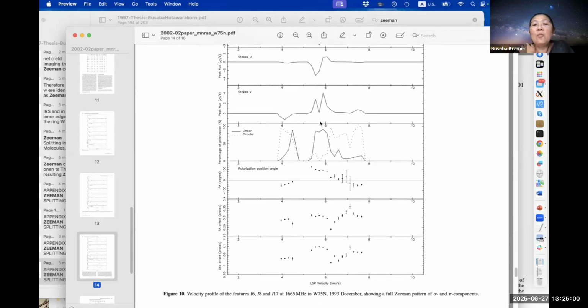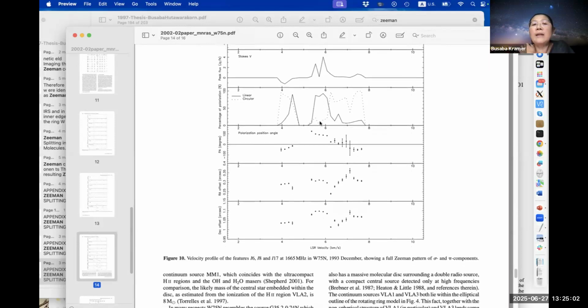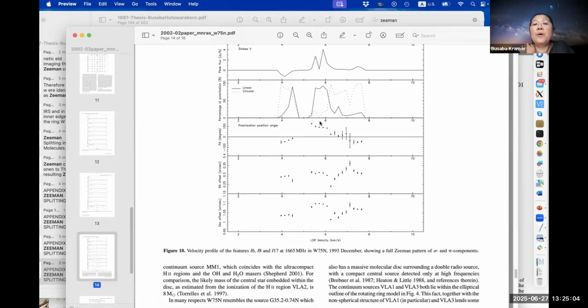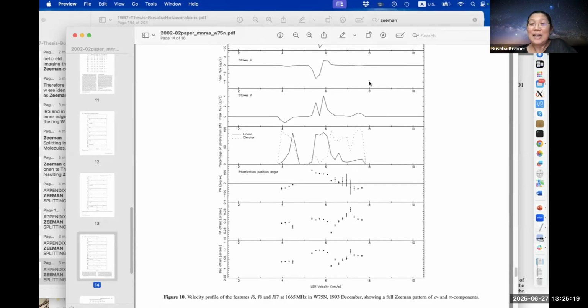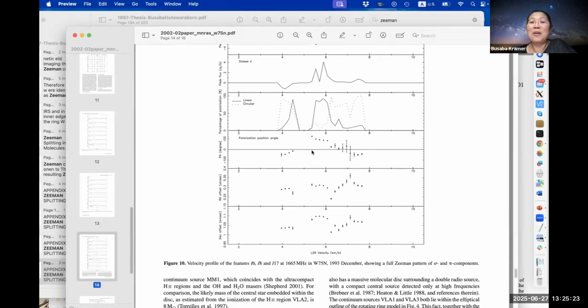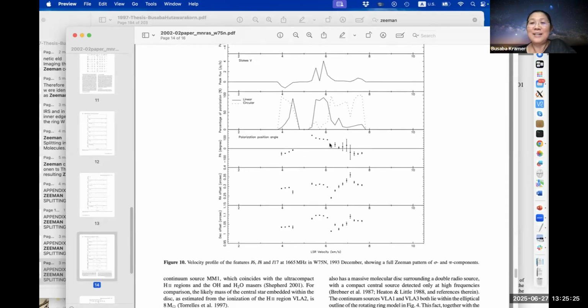And also with full polarization, you can detect the polarization position angle, because the two sigma components should have the same position angle, which is perpendicular to the pi component. So this is the only clean case that we can confirm this is a Zeeman triplet. It's not easy, but it can be detected.